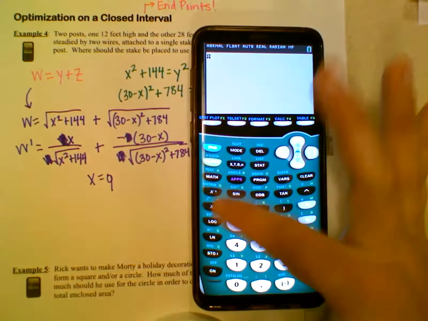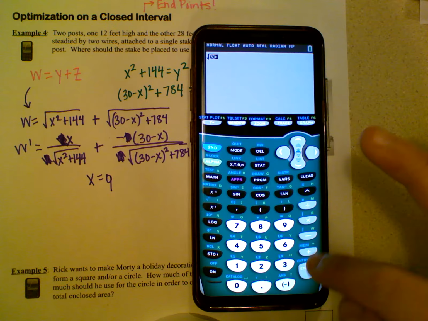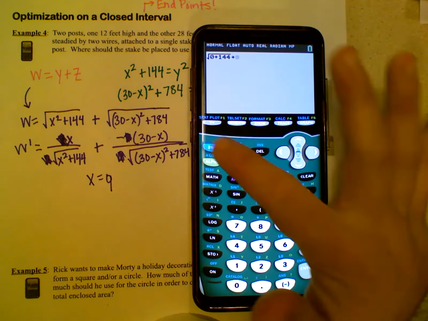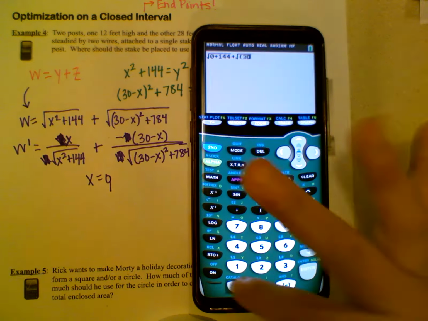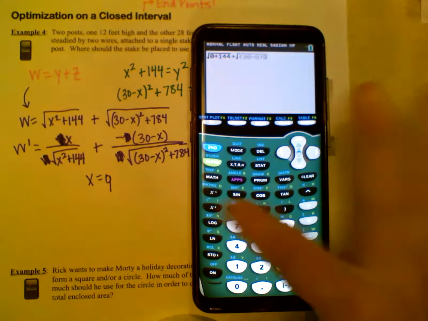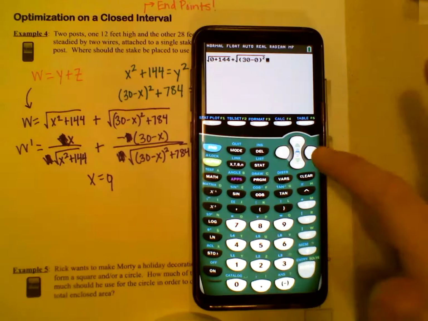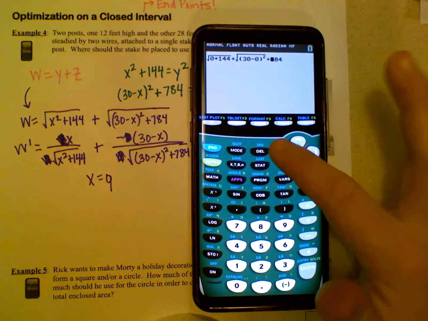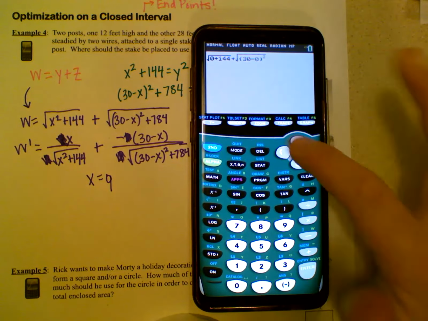So square root of 0 squared plus 144, and then plus square root of (30 minus 0) squared plus 784. I know I could be simplifying some of this in my head, but that's okay. Oops, accidentally took it out of the square root. That's not good.